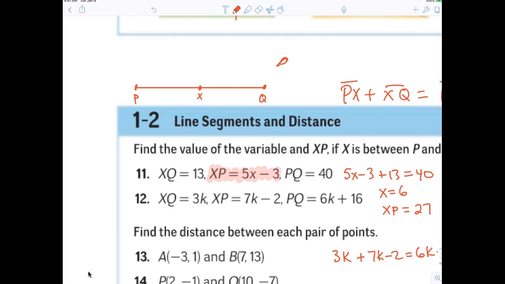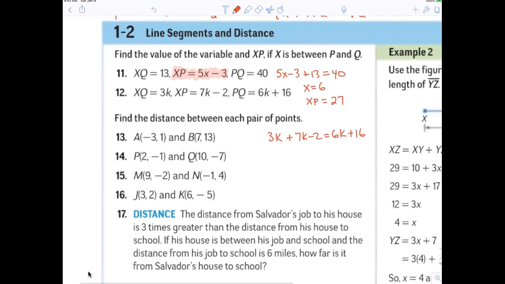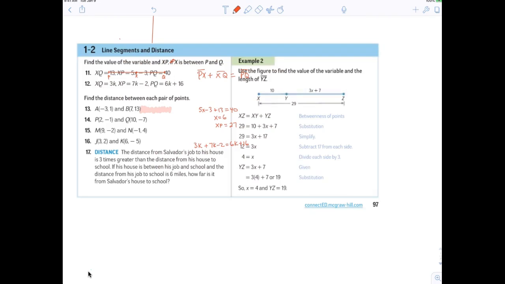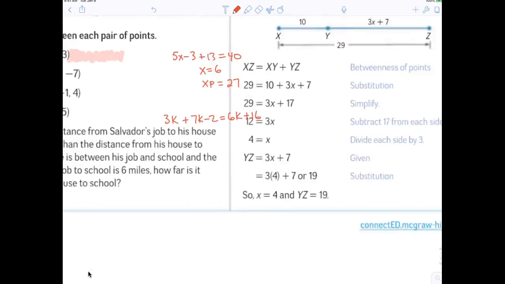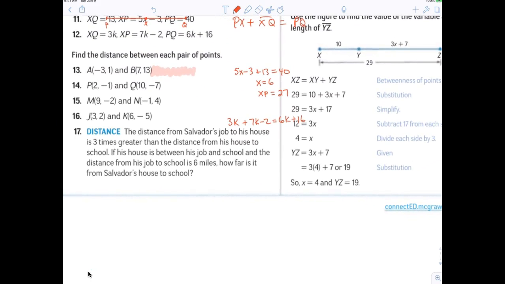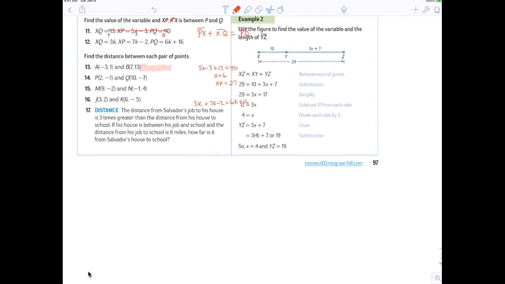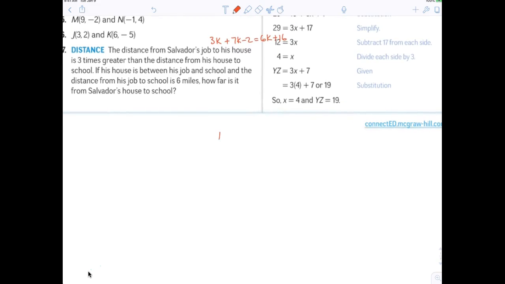That's all it is. When we solve this, it's mental math too. 10k minus 6k gives 4k equals 18, so k is equal to 9 halves. Does everybody agree with that?